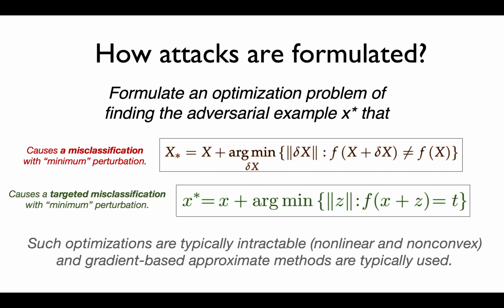These optimizations are typically intractable. They are non-linear and non-convex, which means that typical convex optimization techniques cannot be used. But again, there are some heuristics and methods that have been adopted, which we will be using. That will be discussed shortly.